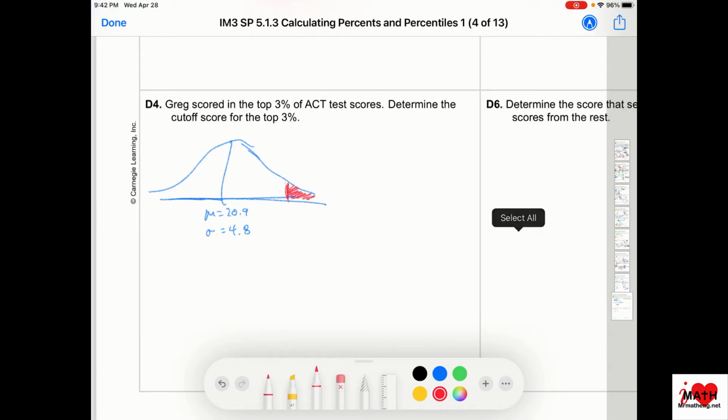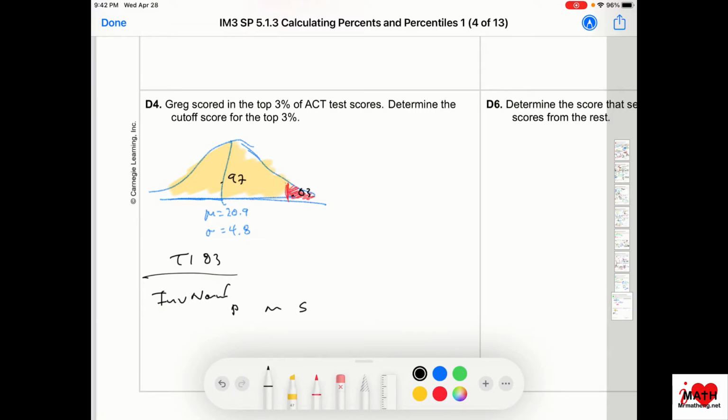This red tail equals 3%. That means this yellow region represents 97%, right? 97 plus 3% gives you 100%. So TI83, we're going to do an inverse norm, and we're going to do PMS.